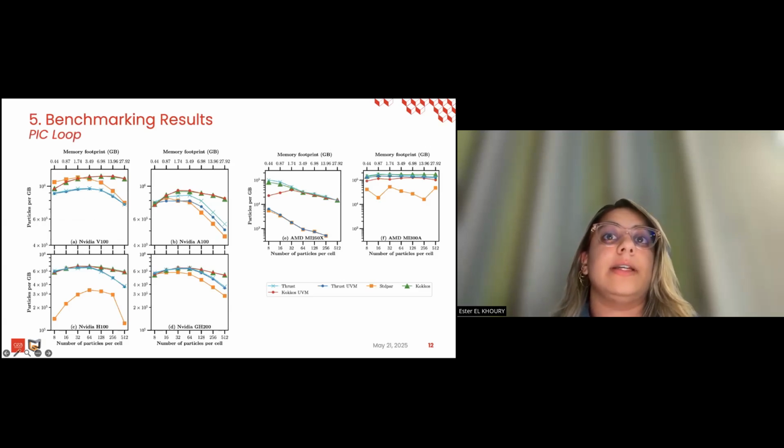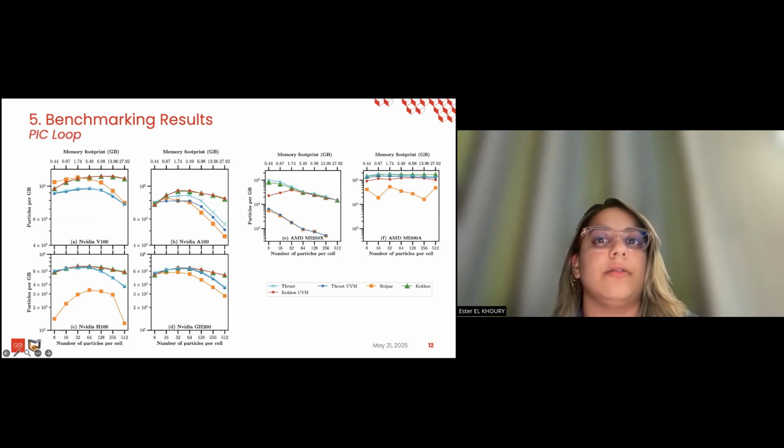Here, as you can see, we have the benchmarking results. To identify the performance bottlenecks, we performed a roofline analysis using NVIDIA Nsight Compute on V100 and A100 GPUs based on 40 iterations of the Minipic loop.